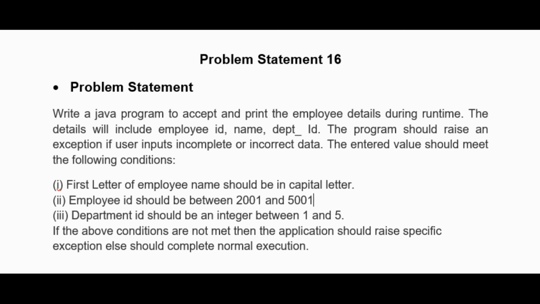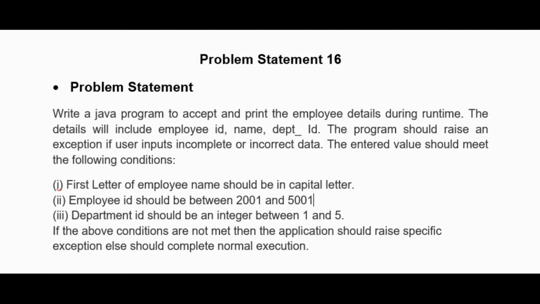Problem statement 16 says write a Java program to accept and print the employee details during runtime. The details will include employee ID, name, department ID. The program should raise an exception if the user inputs incomplete or incorrect data. The entered value should meet the following conditions.